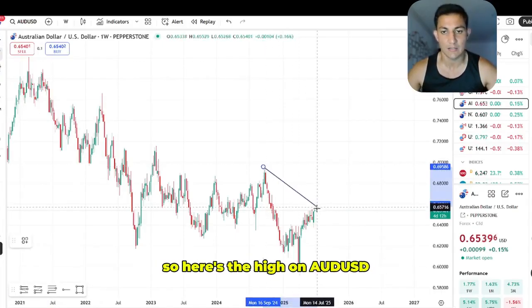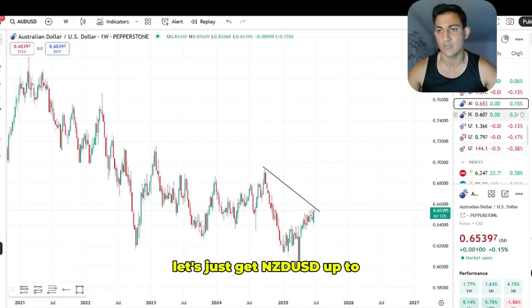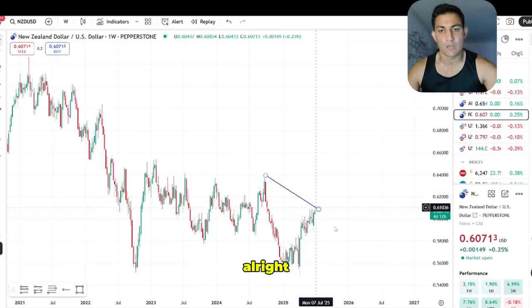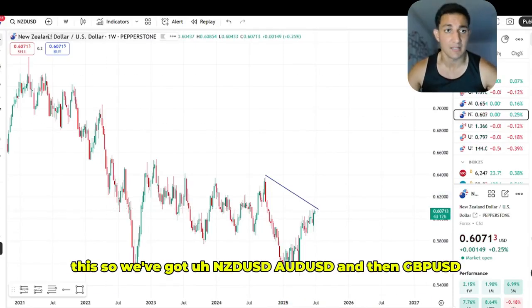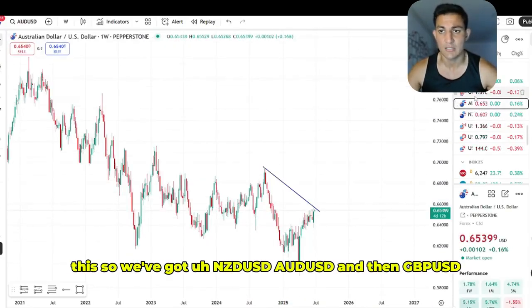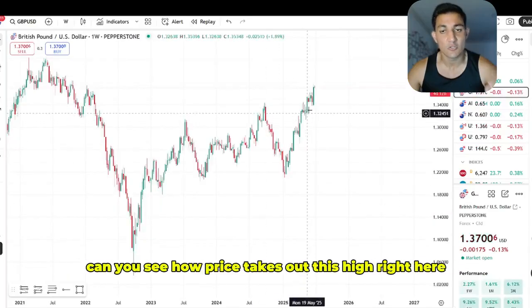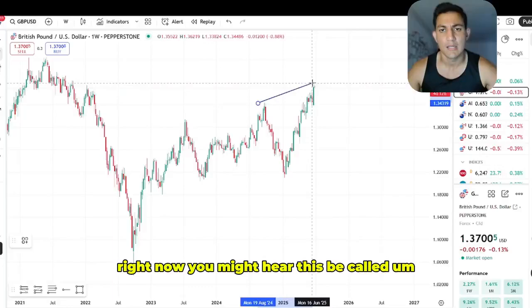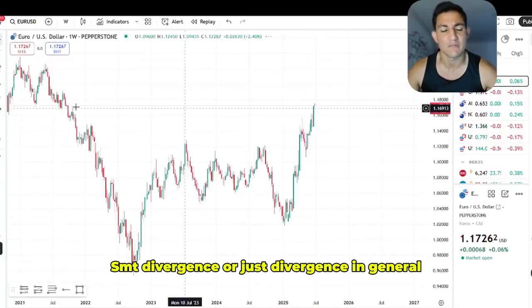So here's the high on Australian dollar. Let's just get New Zealand dollar up too. Here's the key high that price does not take out. So we've got NZD USD, AUD USD, and then GBP USD. Can you see how price takes out this high right here? Now you might hear this called SMT divergence or just divergence in general.